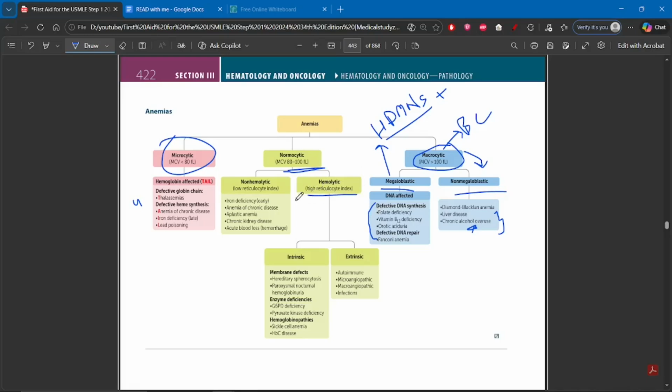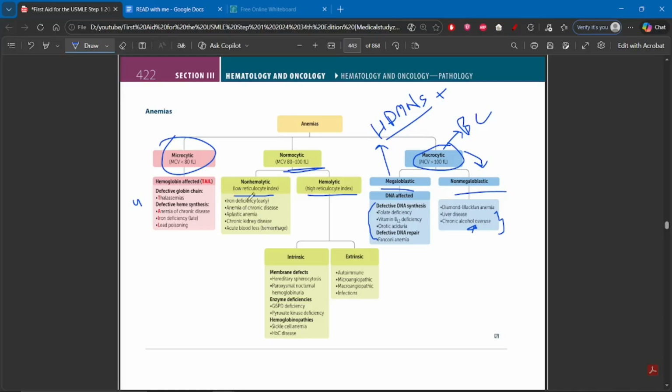There is going to be a high reticulocyte index, which means there is rapid production and rapid release of RBCs, including immature RBCs, which are reticulocytes. If the body is not destroying the cells, then there is no need for rapid production, so there's some problem in the production. It would be a low reticulocyte index because there is no rapid production.